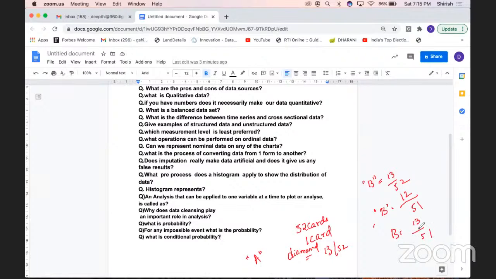This all comes under conditional probability, where the second event's output is dependent on your first event. When your second event's output is dependent on your first event, that is called conditional probability.